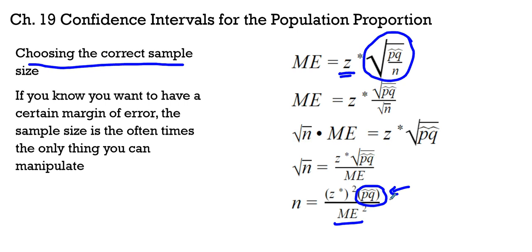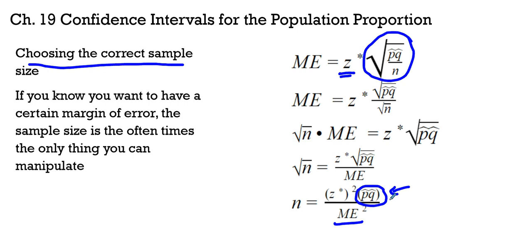If you're collecting information about a politician's favorability rate, and it was previously 61%, you could probably use 0.61 for your p hat in this formula, given that it probably hasn't changed all that much, barring some sort of political disaster.